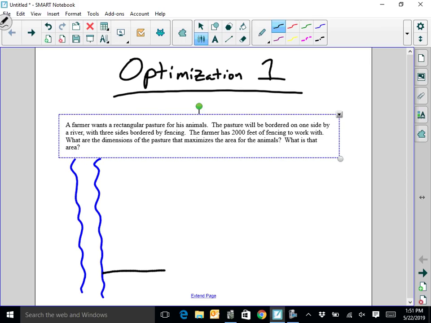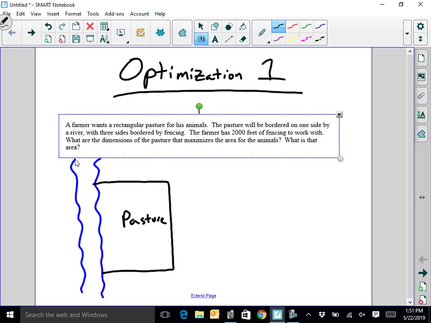Okay, so here's our rectangular pasture. What we want to do is start labeling things with variables. One thing we know about rectangles is that opposite sides are congruent. So whatever I call the top, I'm going to call the bottom the same thing.